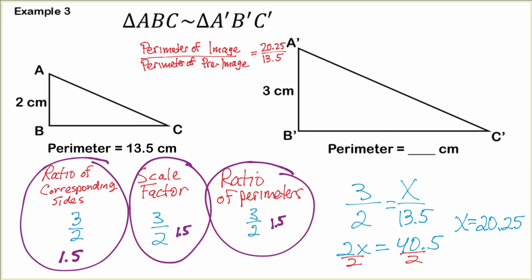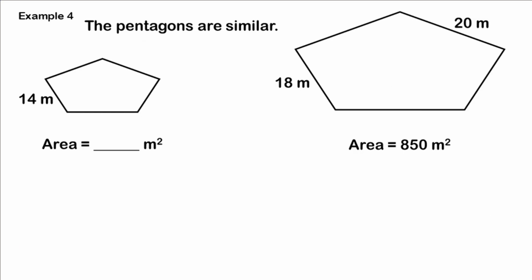And now the final test, if we divide 20.25 by 13.5, the answer is 1.5. So the scale factor and the ratio of the perimeters are always the same in similar polygons.